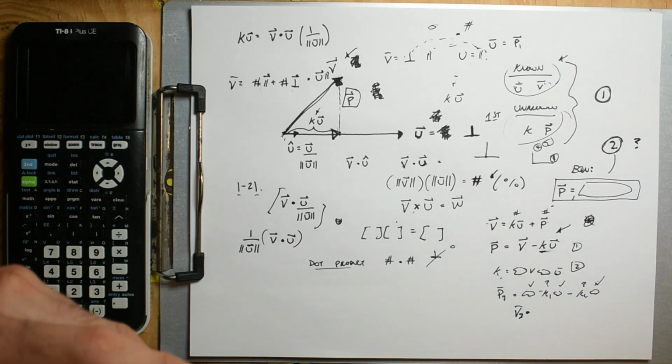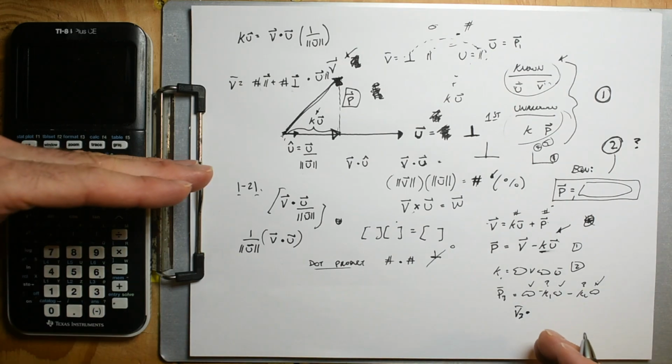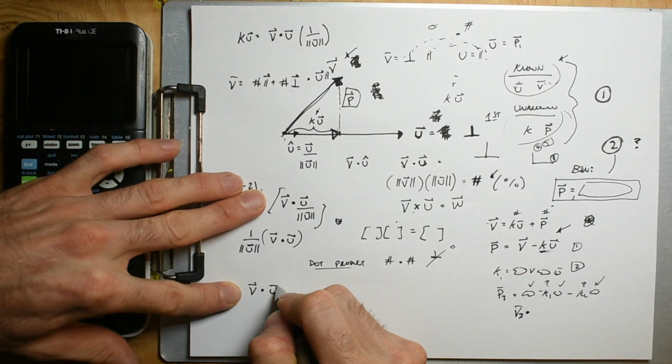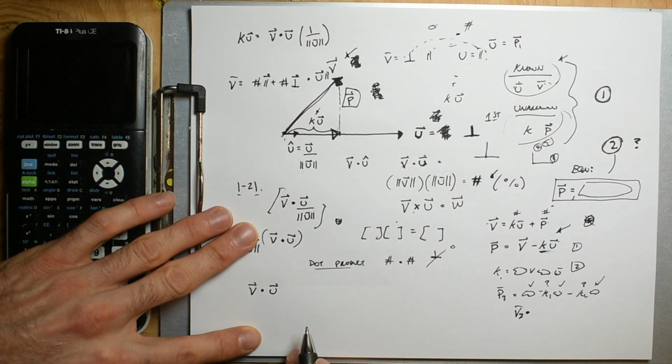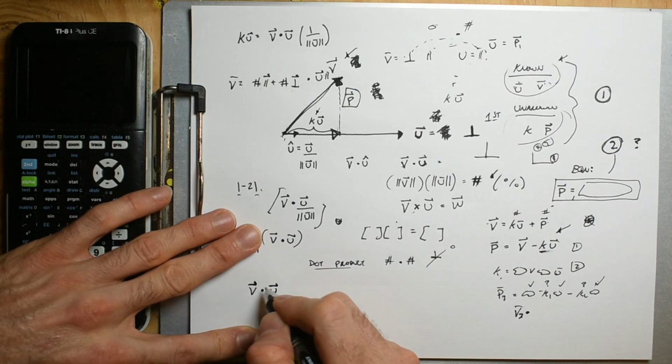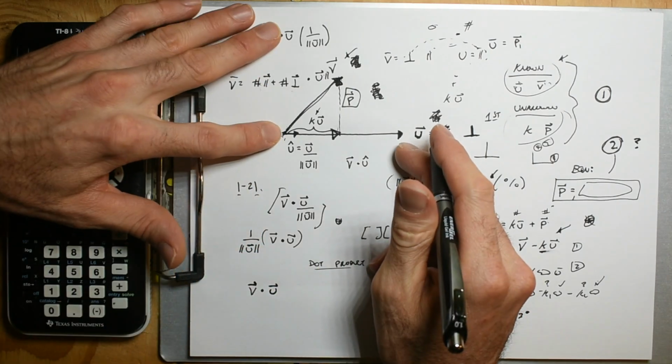Okay, so now let's start to crush. We're going to take V and dot it into U. And what are we going to say even?